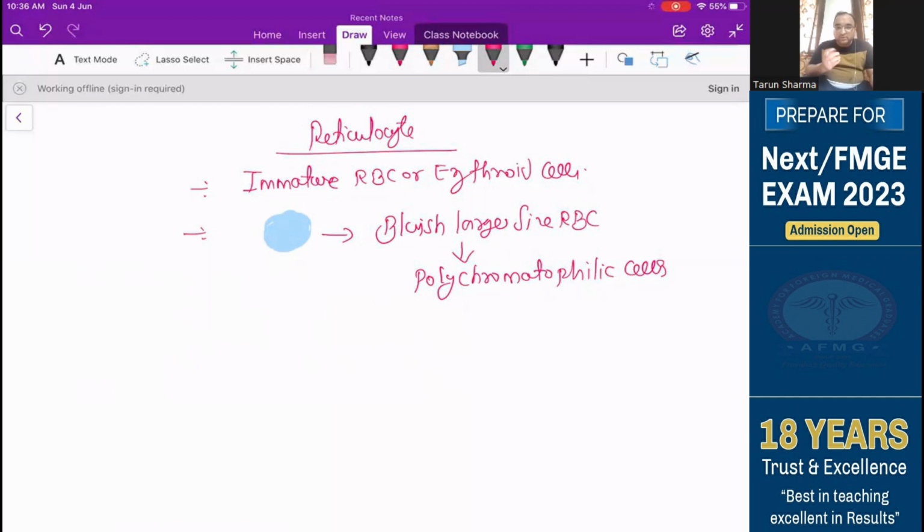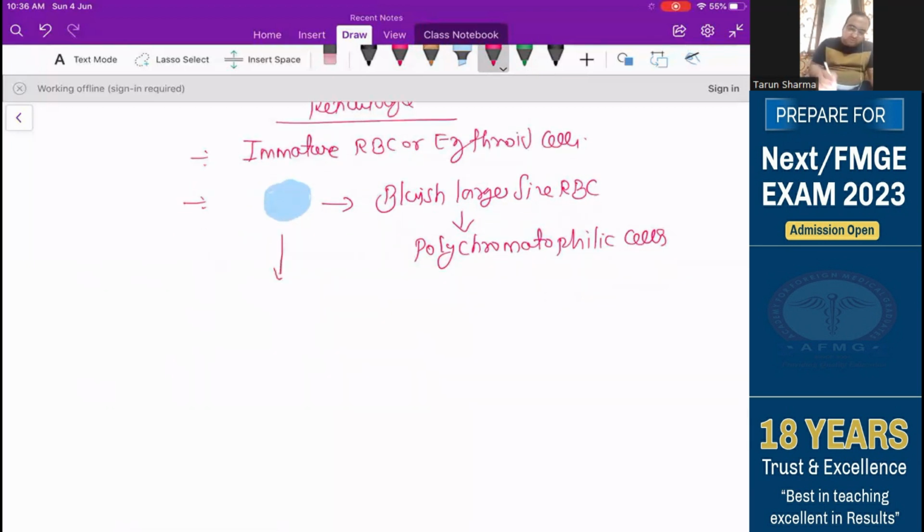So how will you call them reticulocytes? You have to apply a special stain on the peripheral blood smear to see the exact count and morphology of the reticulocyte. So what is that stain called? The stain which you apply on the peripheral blood smear to see the exact number of reticulocytes is called supravital dyes.